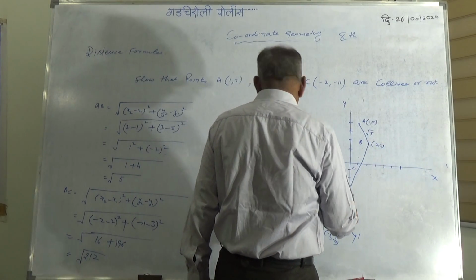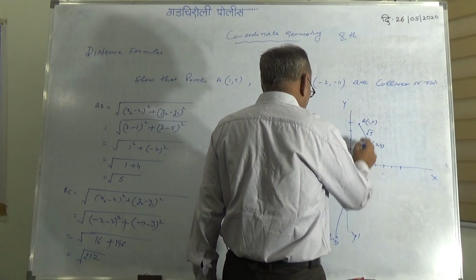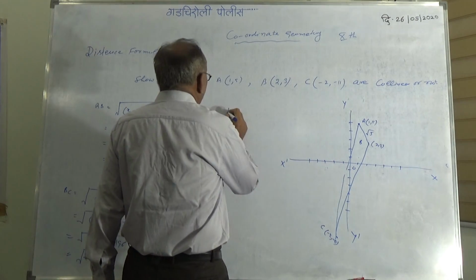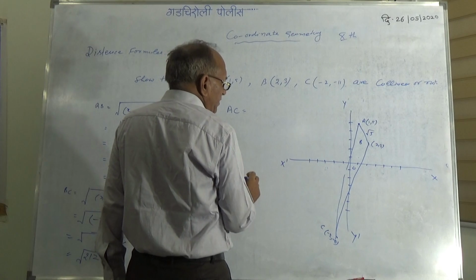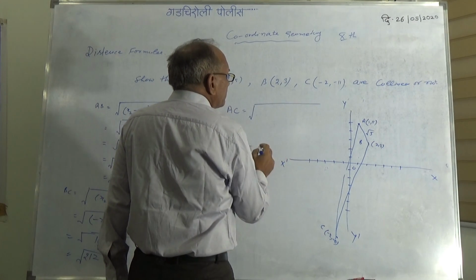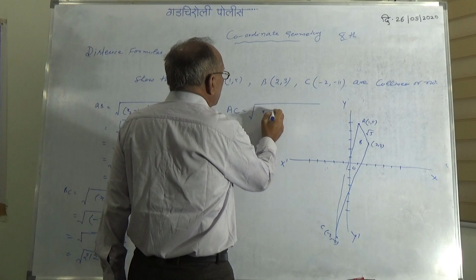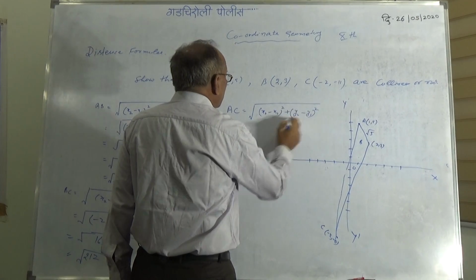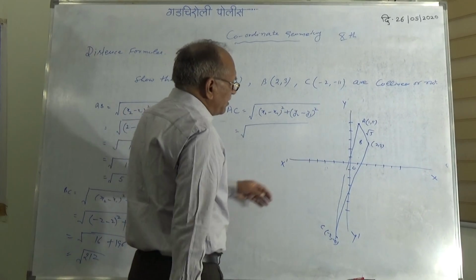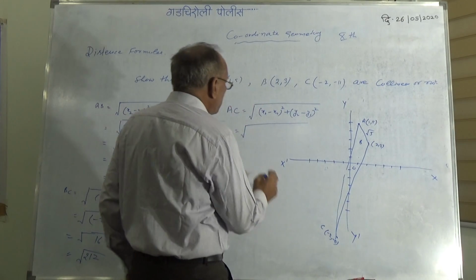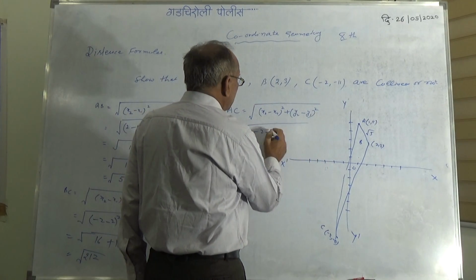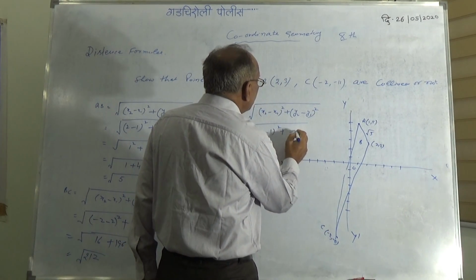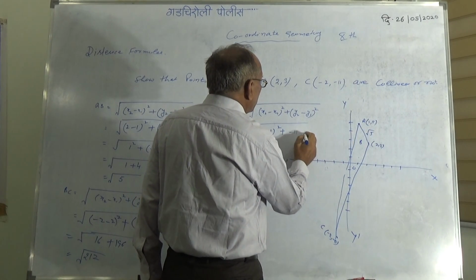Now if we find the value of AC, then (x2 minus x1) square plus (y2 minus y1) square. Putting the values, (-2 minus 1) square plus (-11 minus 5) square.